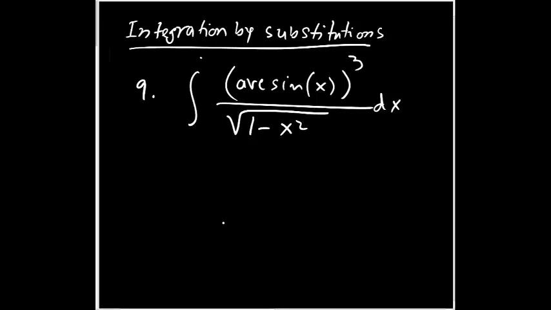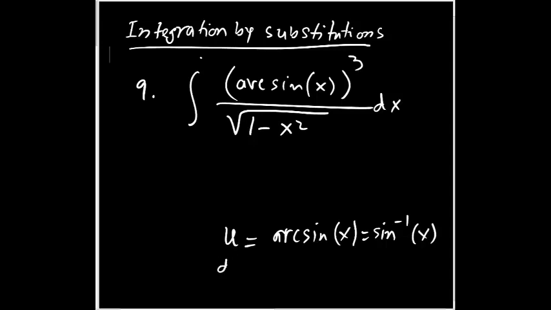So then we say u equals arc sine, and remember arc sine is same as sine inverse. These are two different representations. So then du will be, we know derivative of sine inverse is 1 over square root of 1 minus x squared dx. Okay, so then you can easily see 1 over square root of this dx is just du.